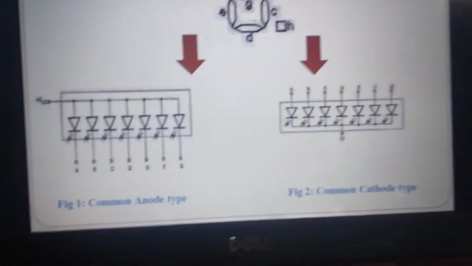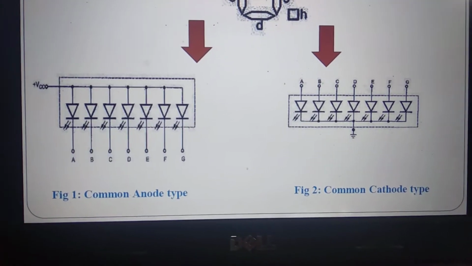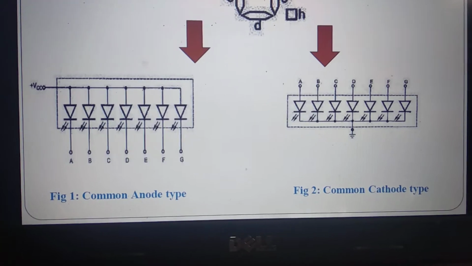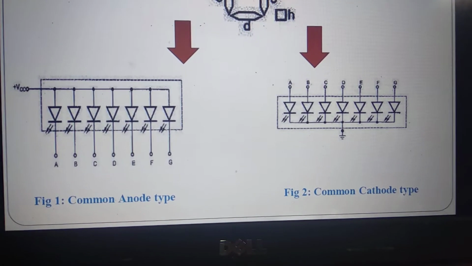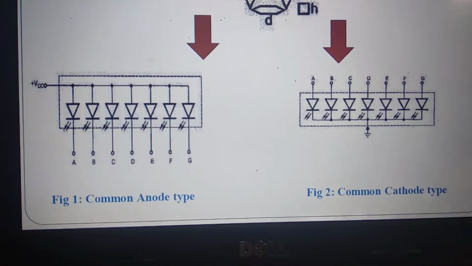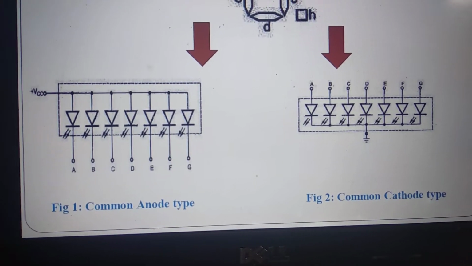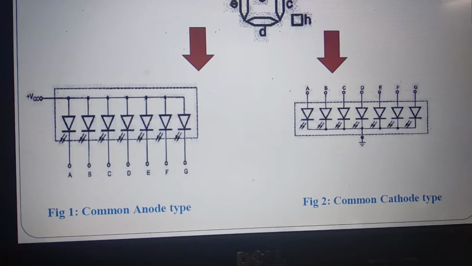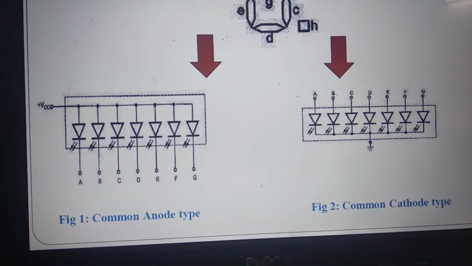Now why is it said common cathode? In figure 2 the common cathode type is shown, and in figure 1 the common anode type is shown. In the common anode type we can see all the anode terminals are tied together, and as we know, when the LED is forward biased, that time it will glow, a particular segment will glow.